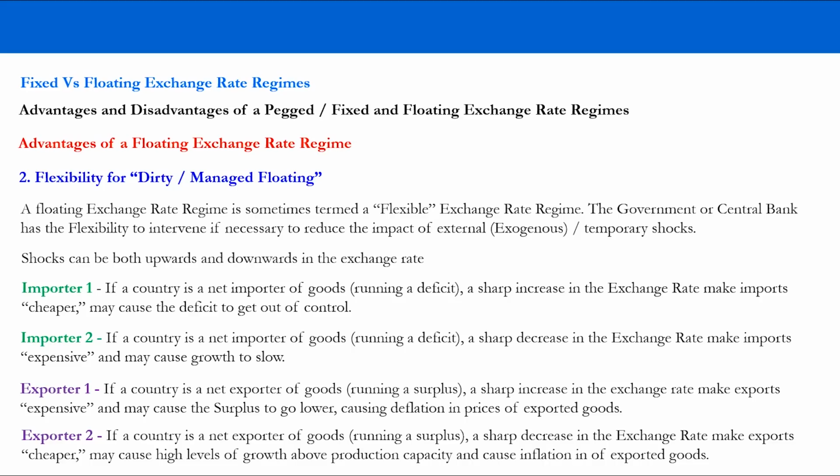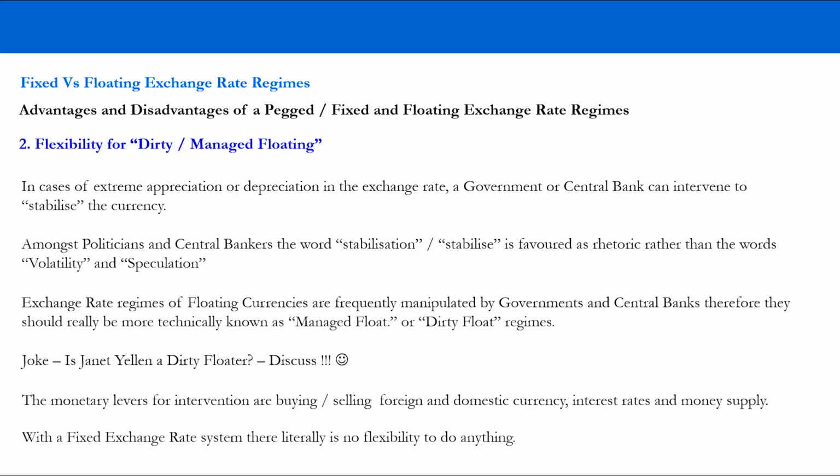But essentially, because these shocks can occur, the ability for central authorities to go into the foreign exchange market whenever they want can be advantageous, because they can readjust the currency and they don't have to adhere to a strict and stringent rulebook. So floating regimes are sometimes referred to as flexible regimes because it does give the central authorities flexibility.